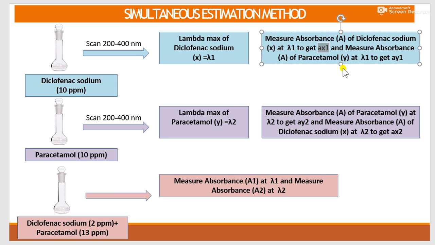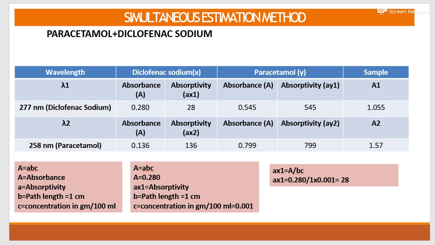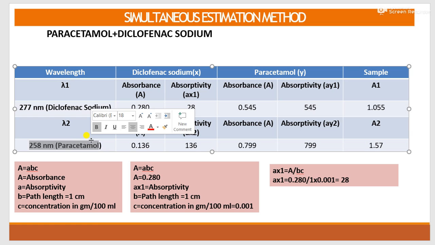Now coming to the sample solution, it is measured at lambda 1 and lambda 2 and absorbances are recorded. The absorbance at lambda 1 is A1 and at lambda 2 is A2. Now the calculation part. Lambda 1 is the absorption maxima of diclofenac sodium solution, and lambda 2 is the lambda max of paracetamol solution.